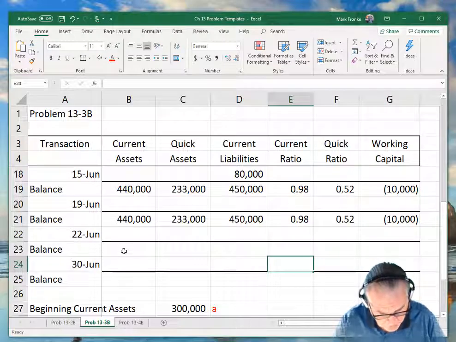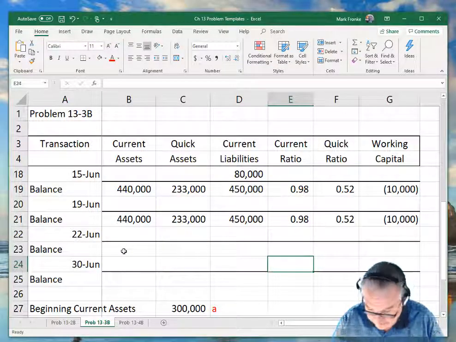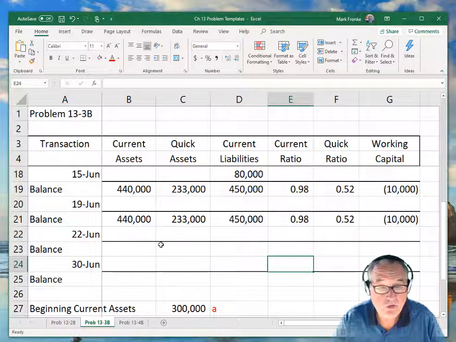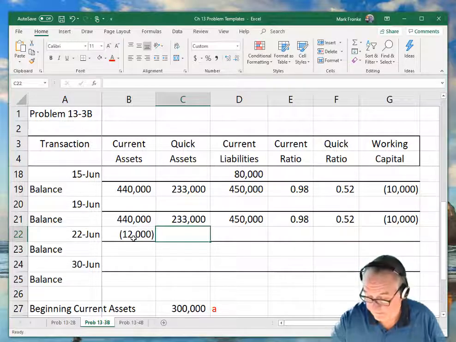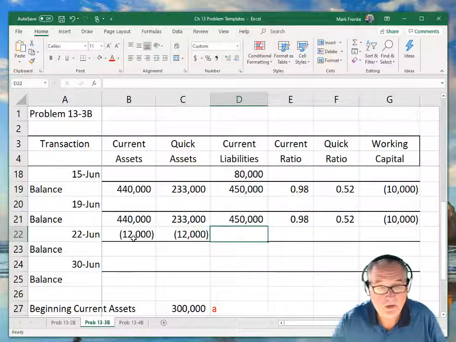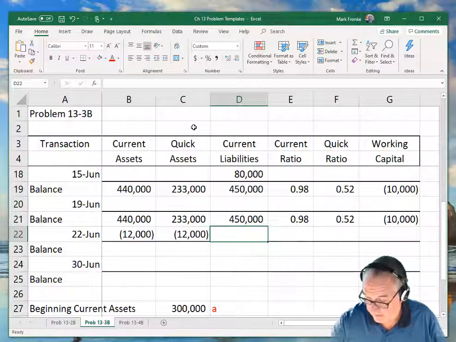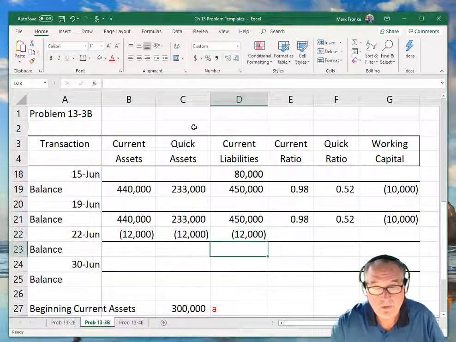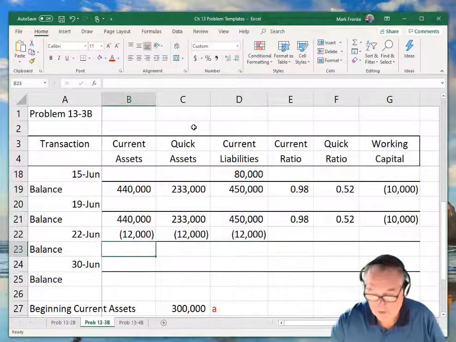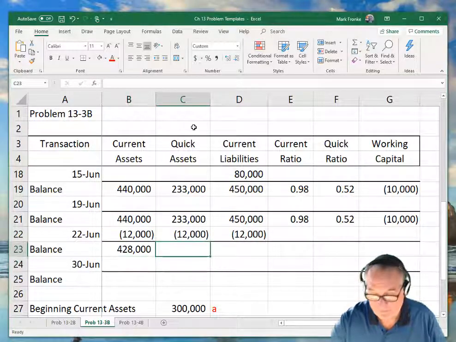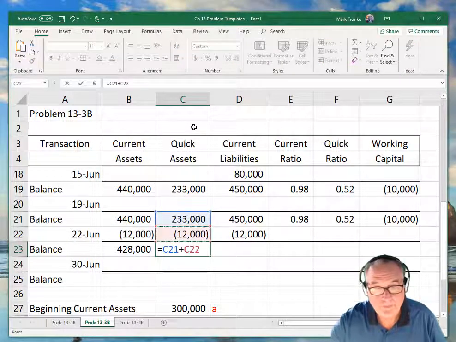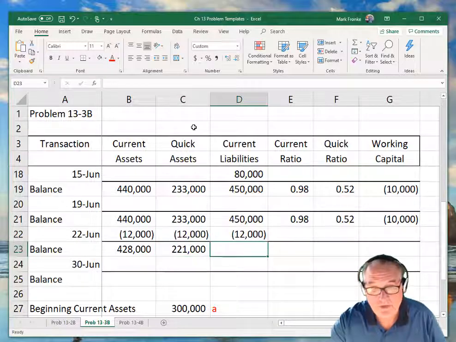On June the 22nd, we paid $12,000 cash to settle an account payable. So in this case, cash went down, our quick assets went down, and our current liabilities went down. So all three of these were affected by this transaction.